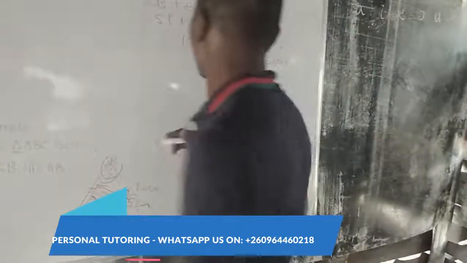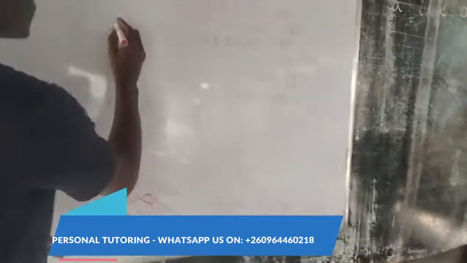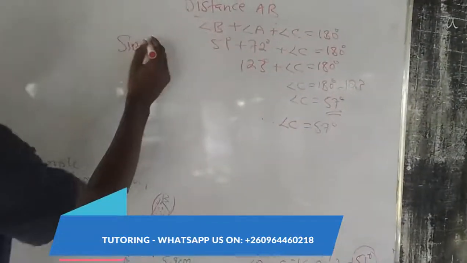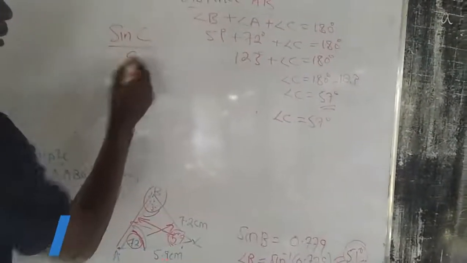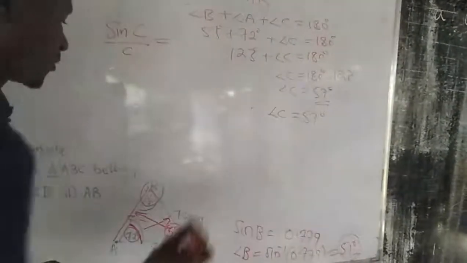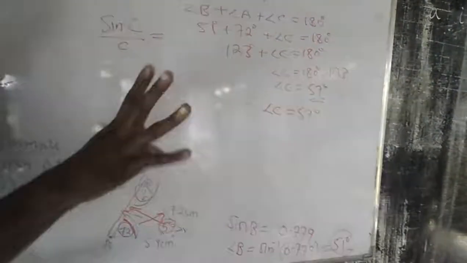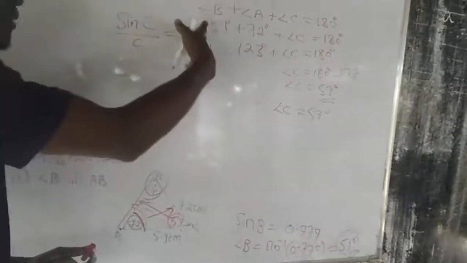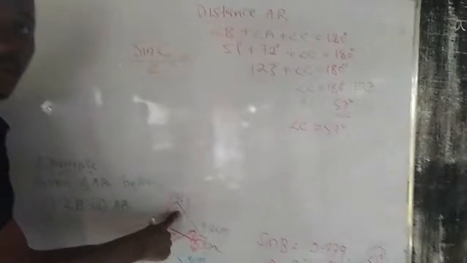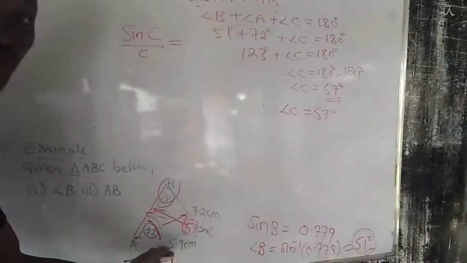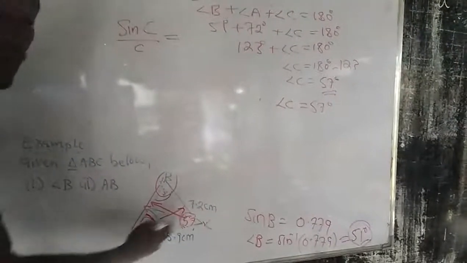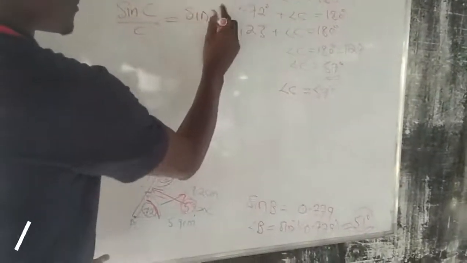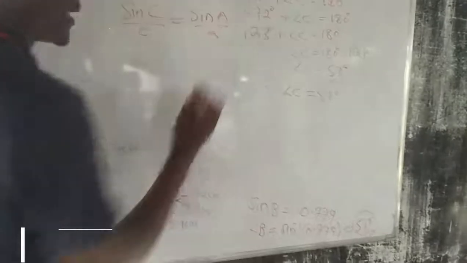Okay? So sine C over the opposite equals, now that everything is complete, it's up to you to decide which ratio you can use, either the ratio of sine B to its opposite or the ratio of sine A to its opposite. So I'll go with sine A over that.